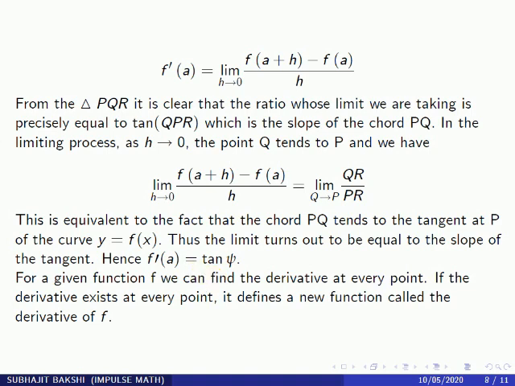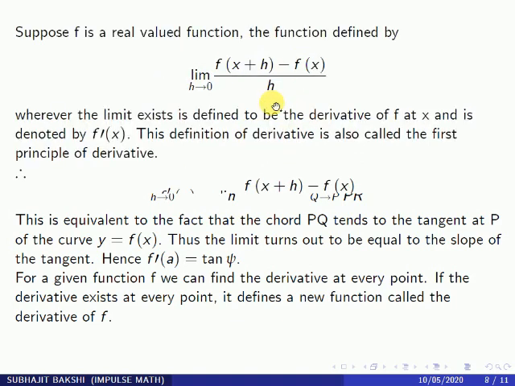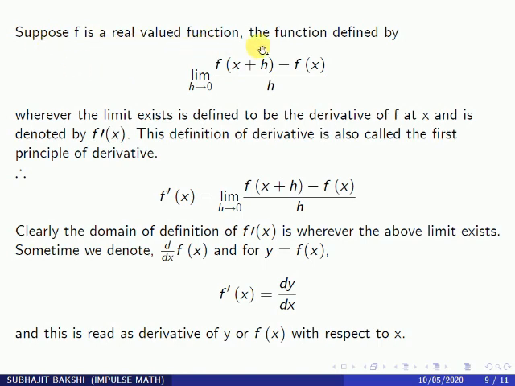Previously I considered this derivative at a point, but here I am taking the point as a variable. If f is a real valued function, and the function is defined by limit h tends to 0, f(x plus h) minus f(x) by h, whenever this limit exists, then this is called the derivative of f at x and is denoted by f dash x. This definition of the derivative is also called the first principle of derivative.